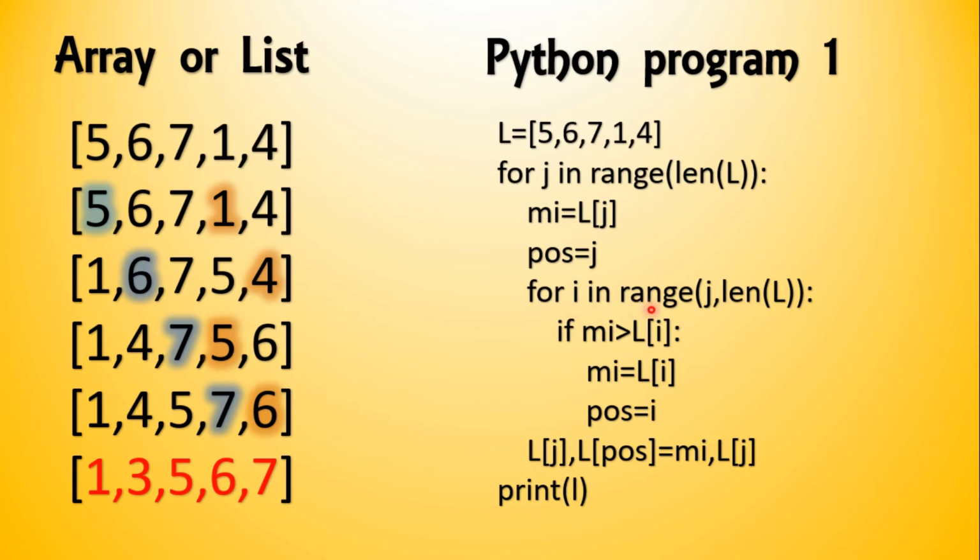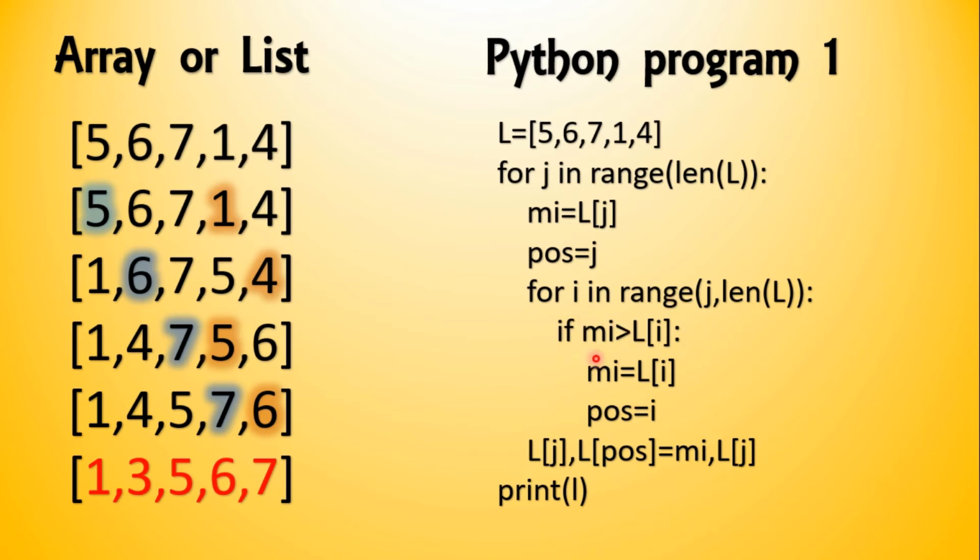In this loop we are trying to find the smallest number. The mi denotes the minimum number, so I'm checking for the minimum number from here to here. From j it has started till the last, so we are just checking each number. This is the coding of finding the minimum number.